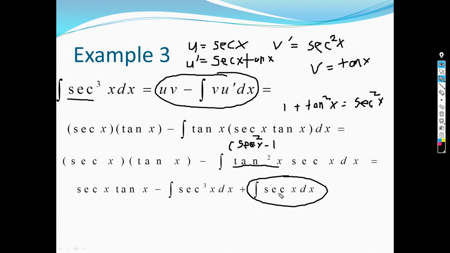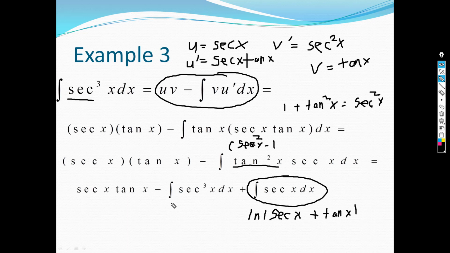This one has an integral of ln of the absolute value of secant of x plus tangent of x. Okay, so this is easy to do, just from previous solutions.